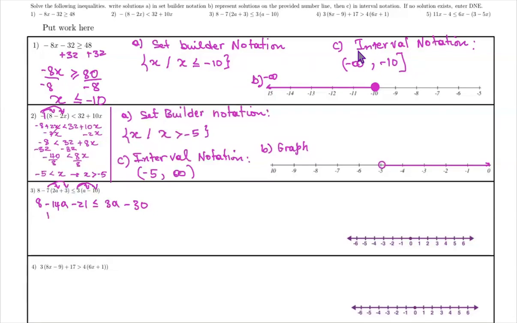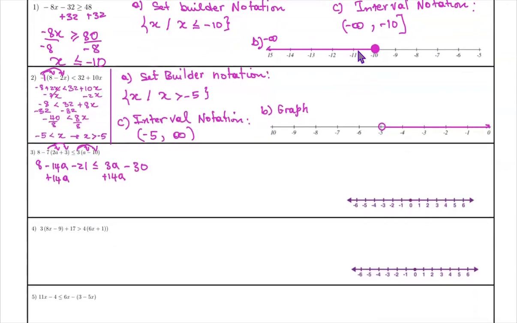Let me add 14a on both sides. So that is 8. Okay, so let's combine 8 and -21.